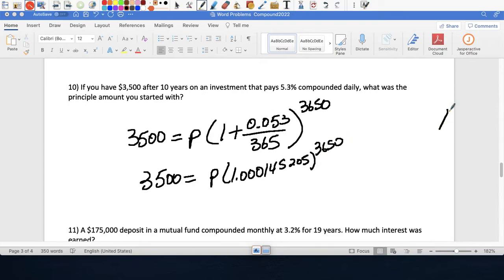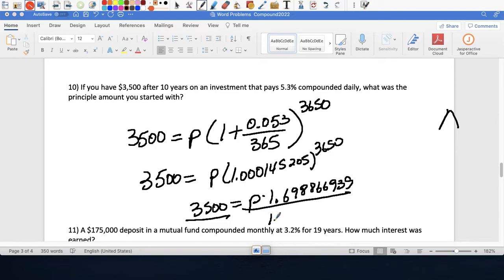So now press that button, 3650. Enter. And we have 3,500 equals P times 1.698866939. We're going to divide both sides by that ridiculous number.